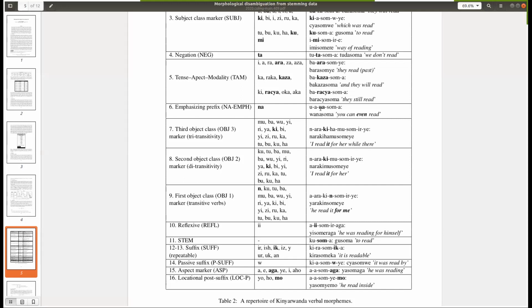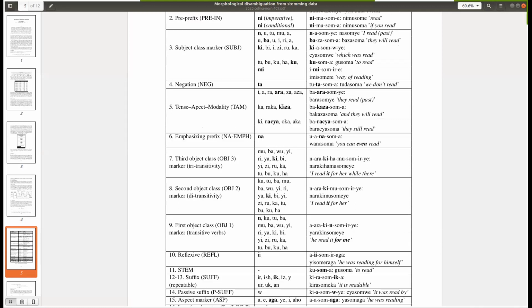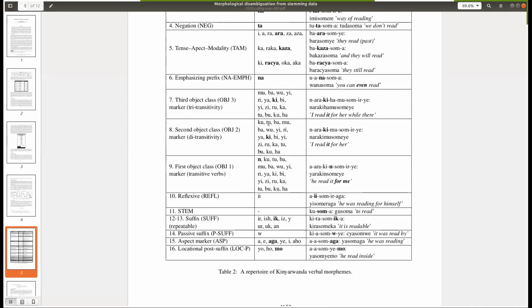And then when you pass these prefixes, we sometimes get infixes as well that express objects. In Kinyarwanda, when you talk about objects, we talk about verbs that are transitive. A transitive verb is a verb that has, sorry, an object.